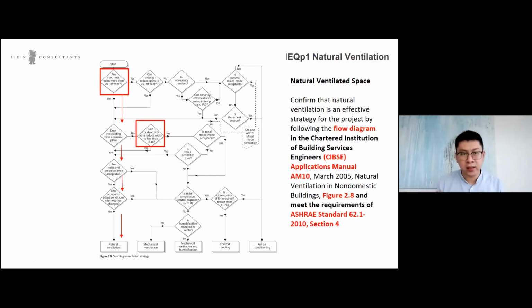If it is not more than that, going down, does the building have a narrow plan? Before that, usually if our heat gain is more than that, it's highly unlikely we can reduce it. If we look at the worst case first, we cannot reduce the heat gain. Next, we look at whether occupancy is transient, which means people in, people out, rather than staying there.